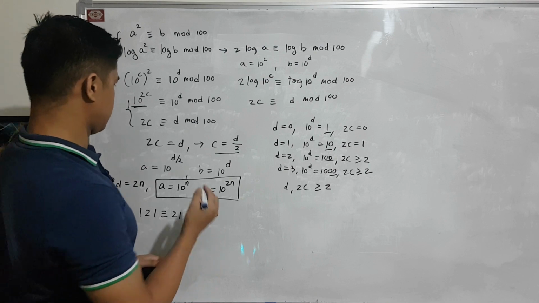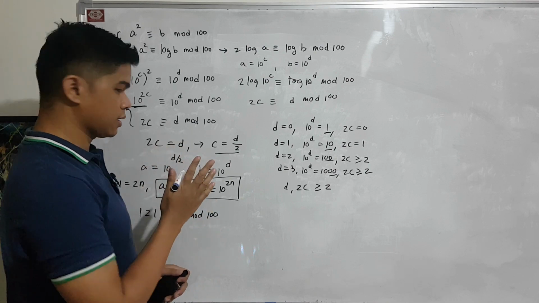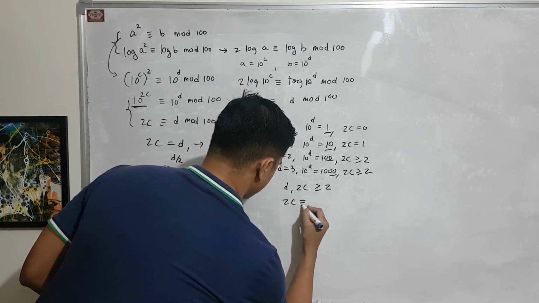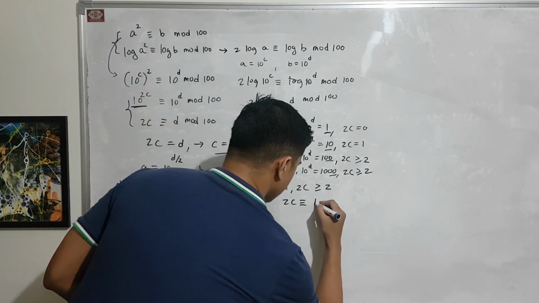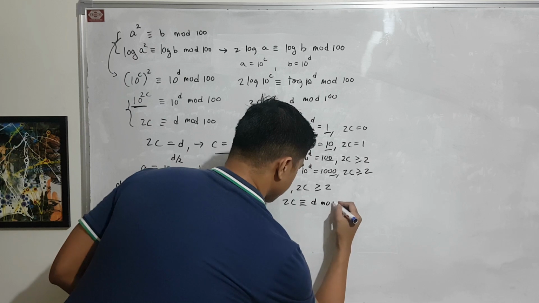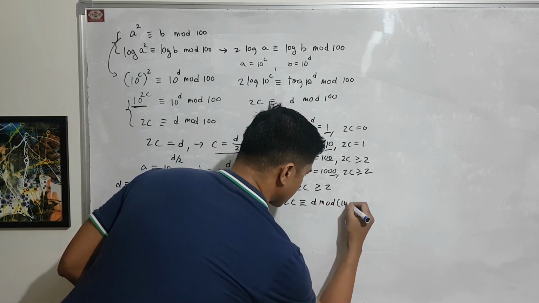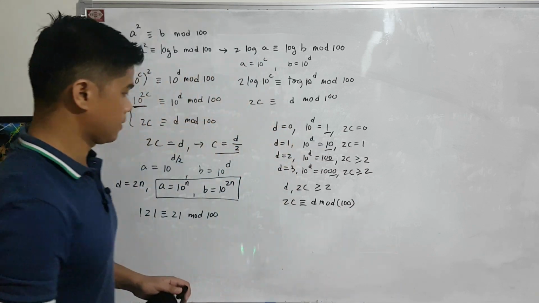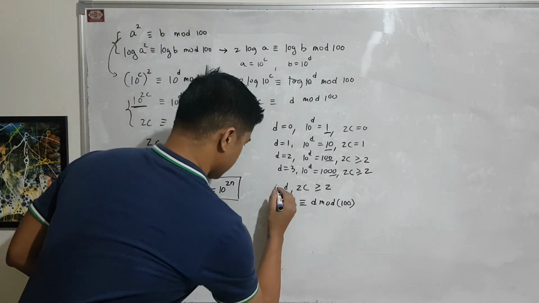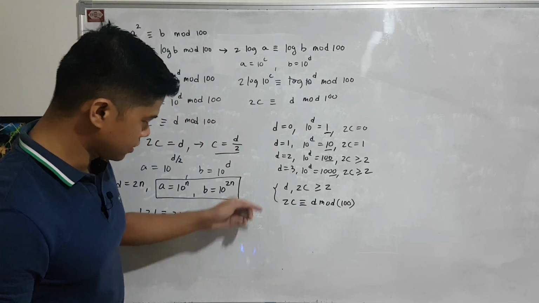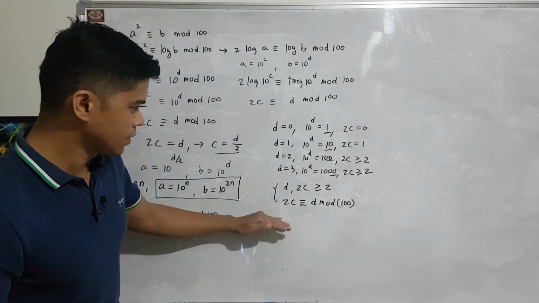Okay, so we haven't touched the second congruence yet. We have here 2C congruent to D mod 100. So we have another congruence here, and we are looking for D and C such that we satisfy this new system.